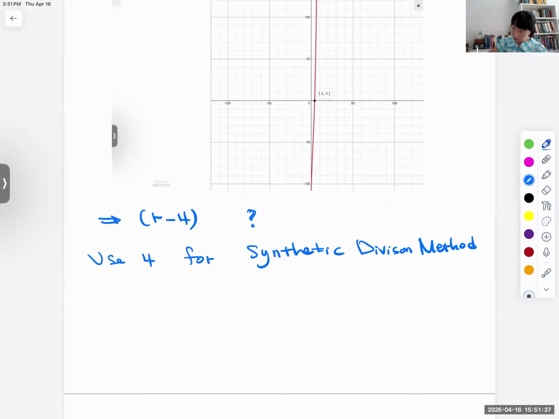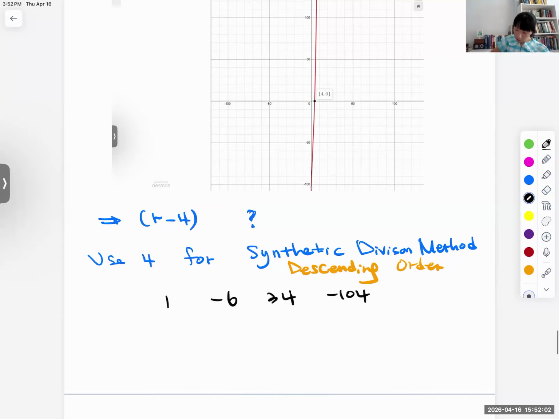So must be descending order. Okay, so we have 1, -6, +34, -104, and, oh, I cannot make it nicer. Okay, like that.